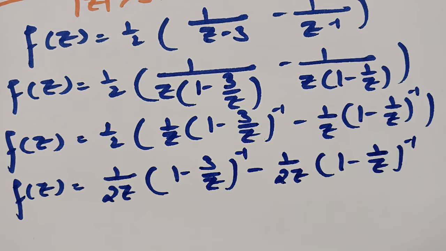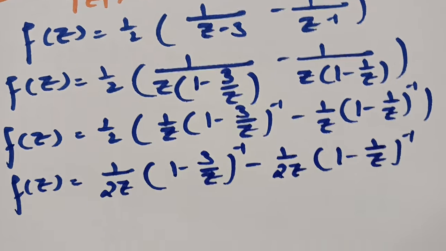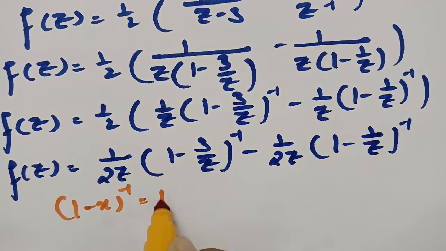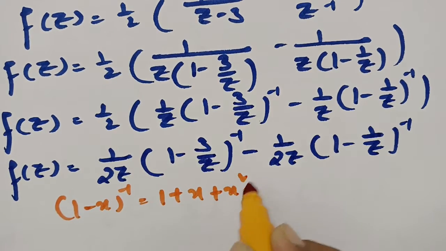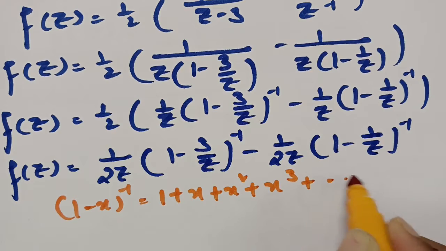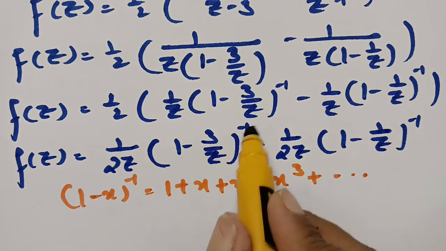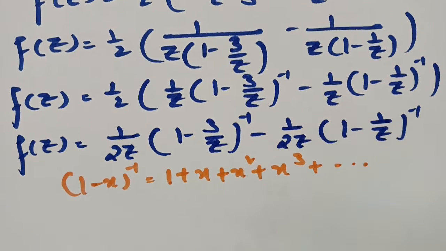And again we have the expansion like this, that is 1 minus x inverse can be written as 1 plus x plus x square plus x cube plus and so on. Now I am going to consider this as 1 minus x inverse and 1 minus x inverse.